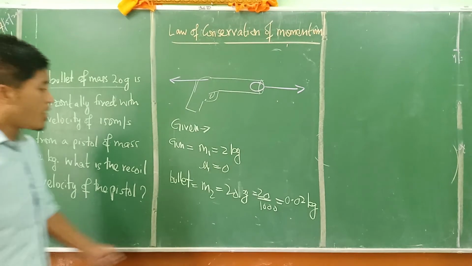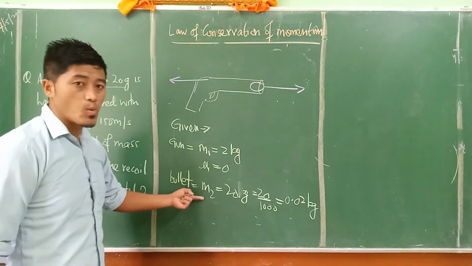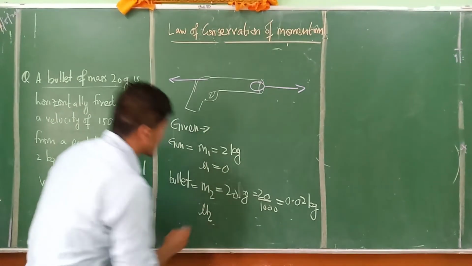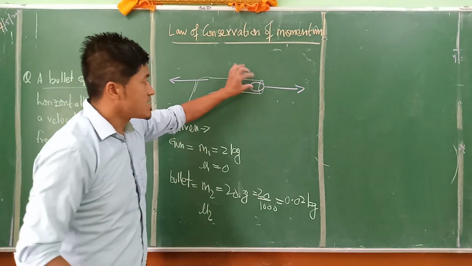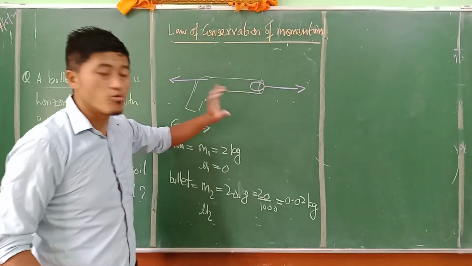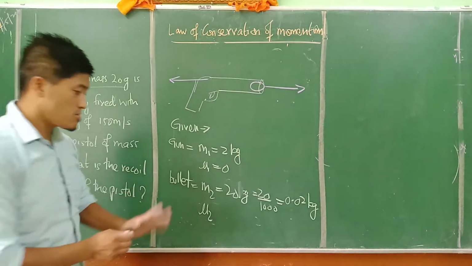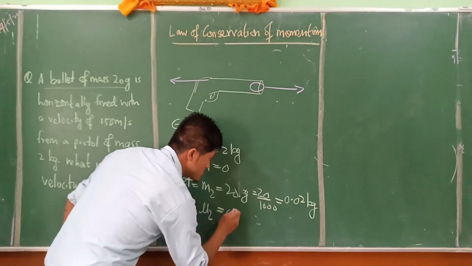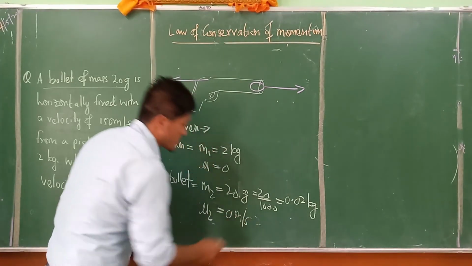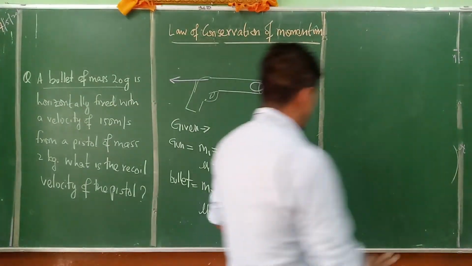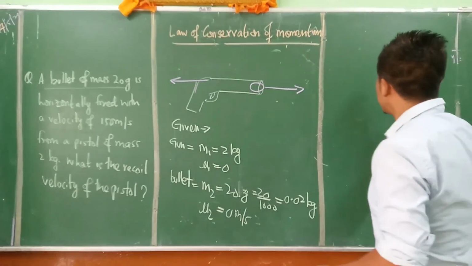So 0.02 kg is m2. Now u2: when the bullet is in the pistol, it is not moving at all, so u2 is again 0 meters per second.